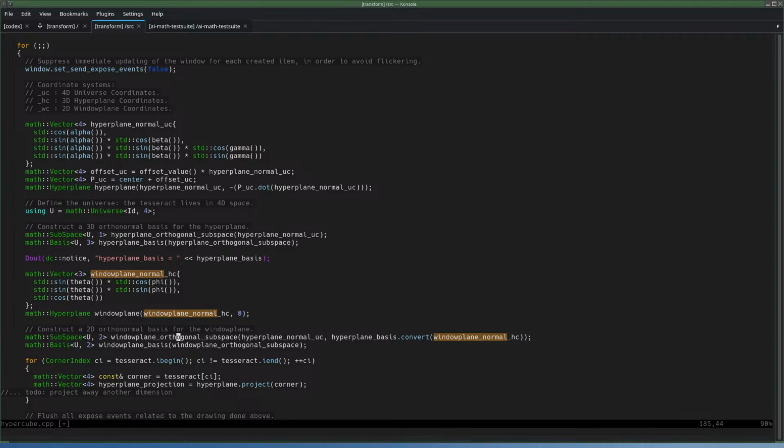My conversion here needed to be converting to UC. If I see my matrix as a hyperplane basis, I mean as a matrix, then I'm also tempted to use a multiplication.